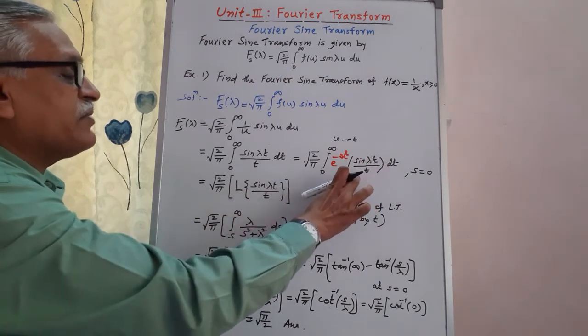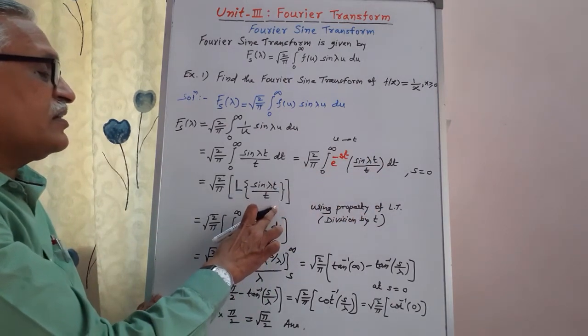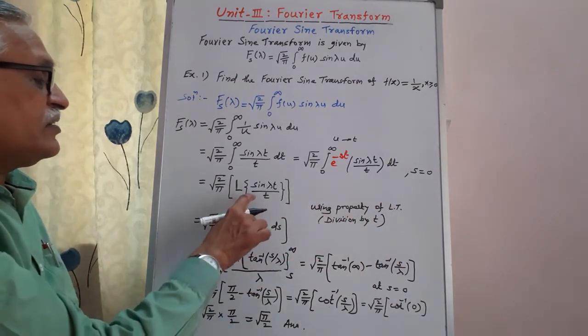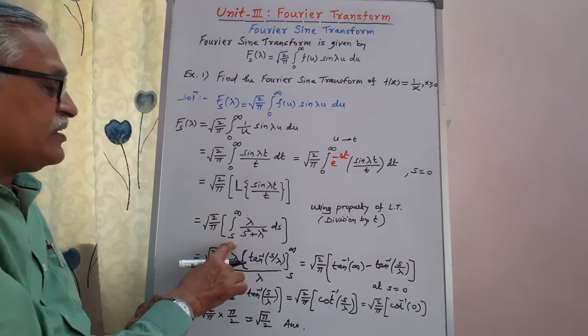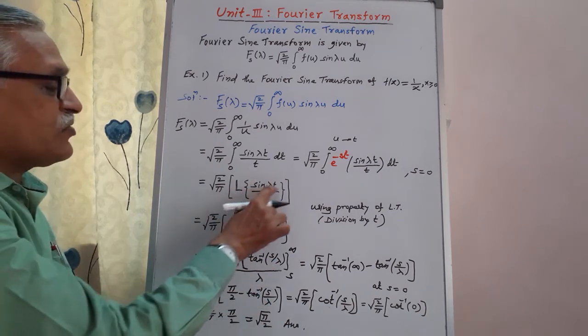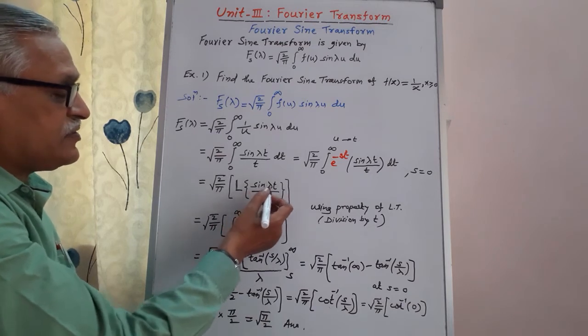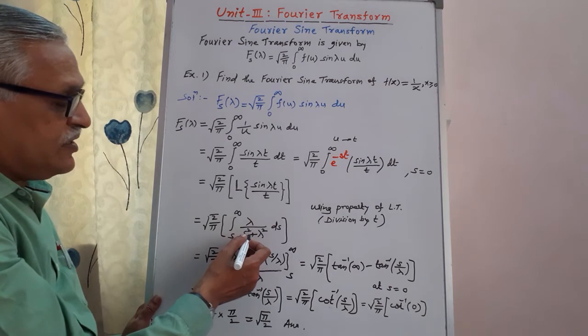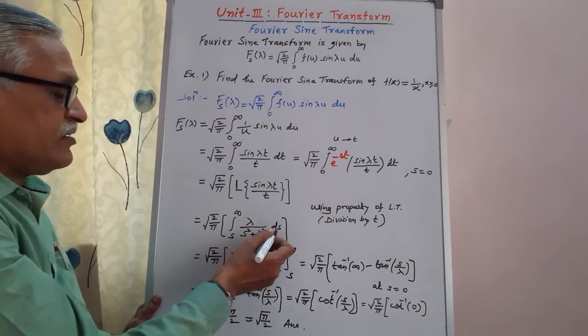The function is sine lambda t by t. Then apply the property of division by t. As per that property, its Laplace is integral from s to infinity of the Laplace of f(t). Here f(t) is sine lambda t. Therefore, its Laplace is lambda upon s square plus lambda square.